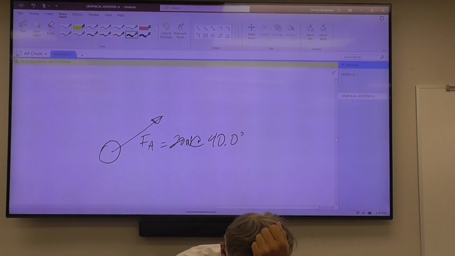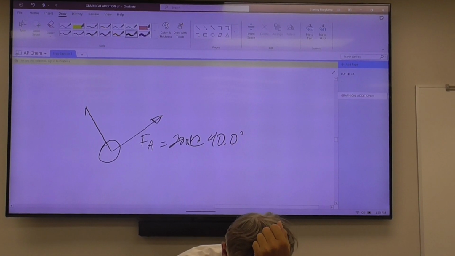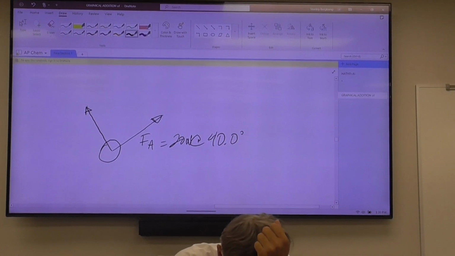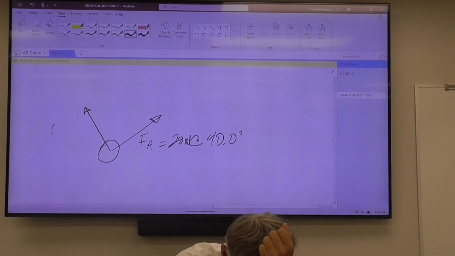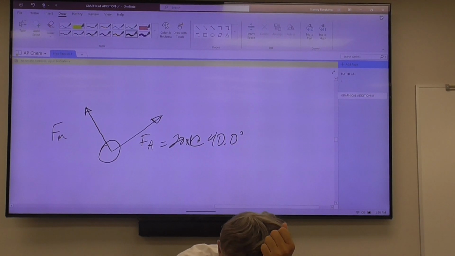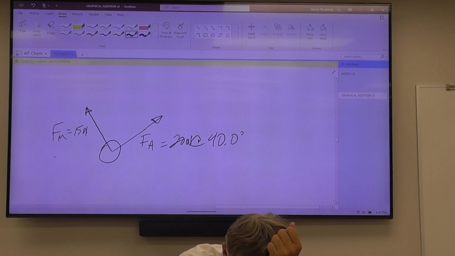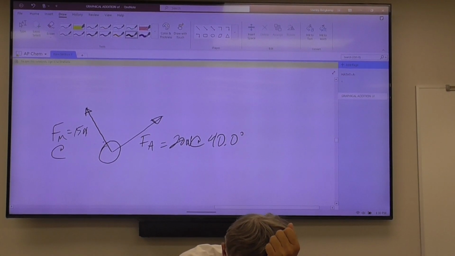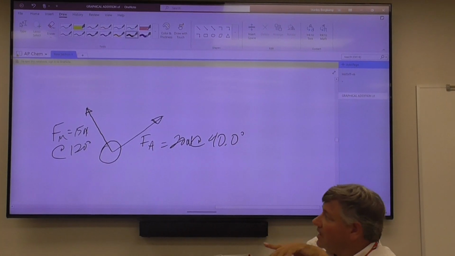At the same time, Mac is gonna kick the ball this way with a force of 15 newtons at 120 degrees. Okay?